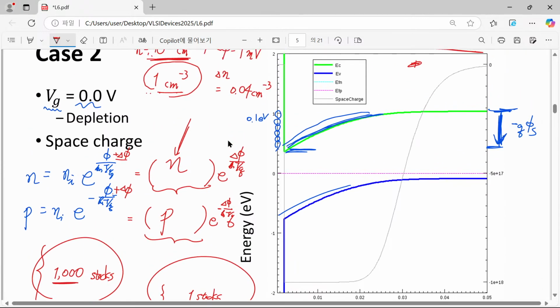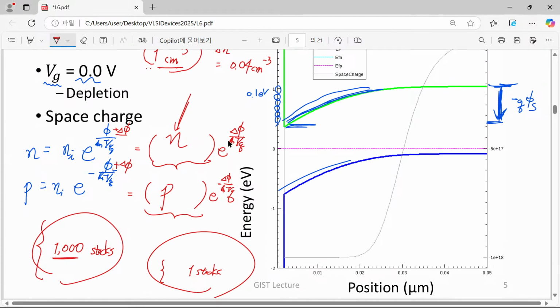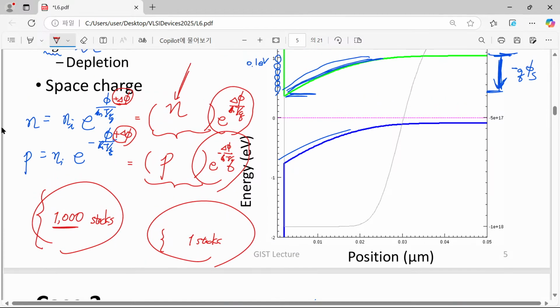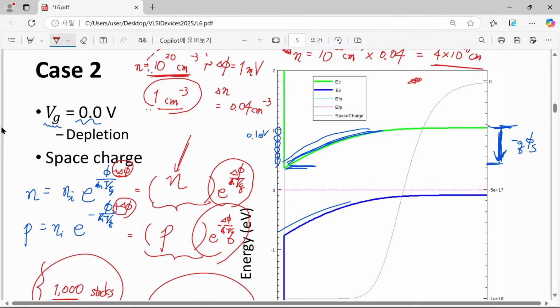Quite similarly, when we have the same amount of potential difference, that introduces the same increasing factor for your electron density. But if you already have many electrons, then the increase will be huge because the starting point is quite high. And if you have almost no electrons, the increase will be quite small. So you can understand this one.